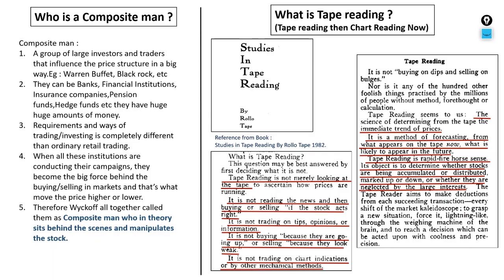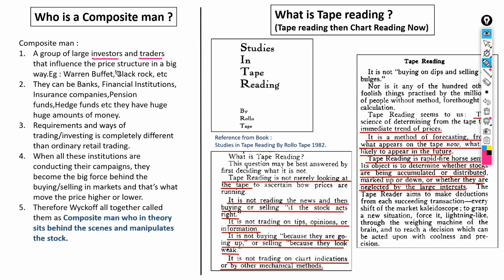So okay, who is a composite man? Wyckoff looked at market activity as a group of large investors and traders that influence the price structure in a big way.